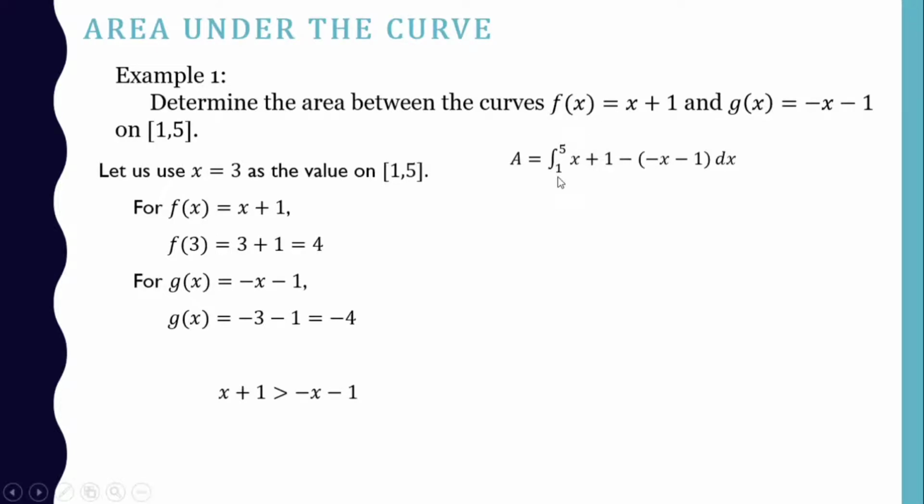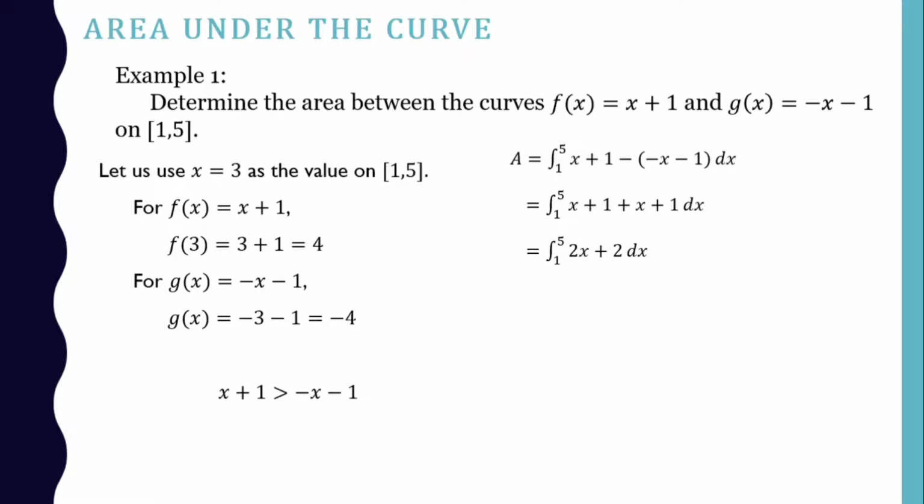So we simplify first. This will be the integral of x plus 1 plus x plus 1. Simplify further, that's 2x plus 2. So that's the integral of 2x plus 2 dx from 1 to 5.